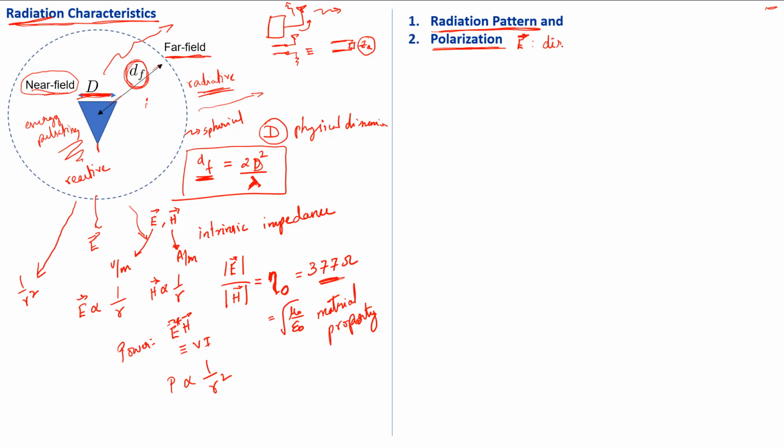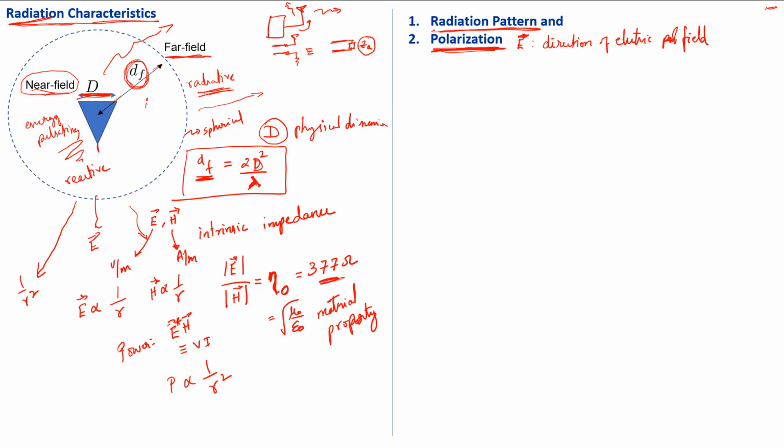The direction of the electric field radiated by that antenna is what we call the polarization of the antenna, which may be linearly polarized or circularly polarized. We will see what that is in another video.